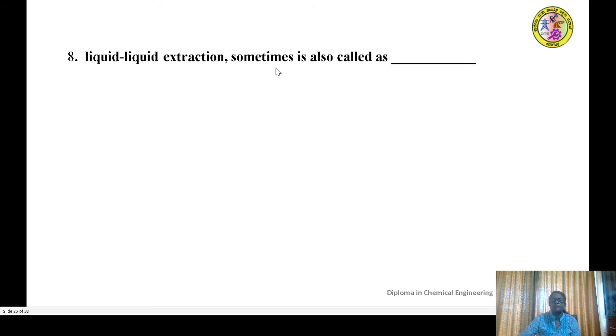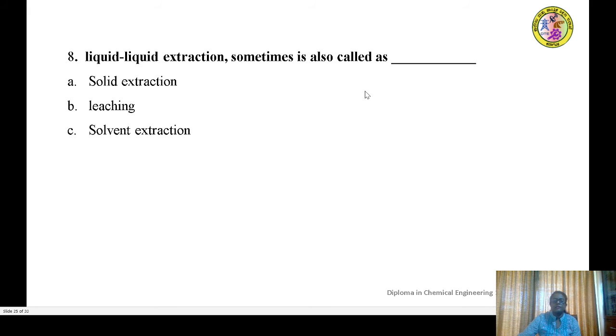Liquid extraction is sometimes also termed as: solid extraction, leaching, solvent extraction, none of these options. So which among these four is the right answer? What is the another name used for liquid extraction?